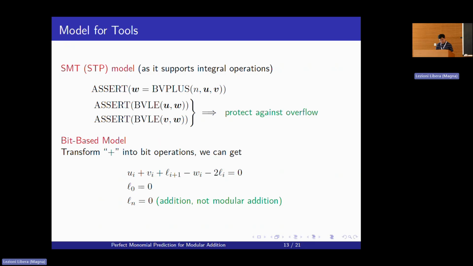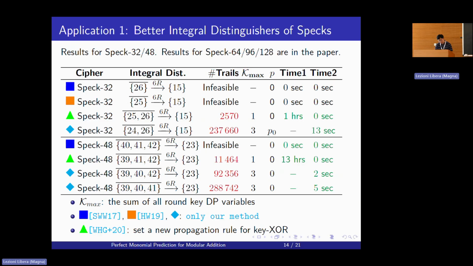The second model is a bit-based model, because currently the bit-based search model is more popular. In this model, we just transform the addition into bit operations. For each bit, we only need one equation. And also L0 is 0 and Ln is 0 to make it an addition rather than a modular addition.